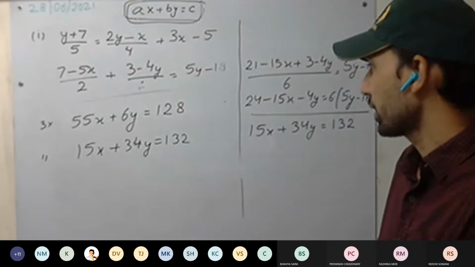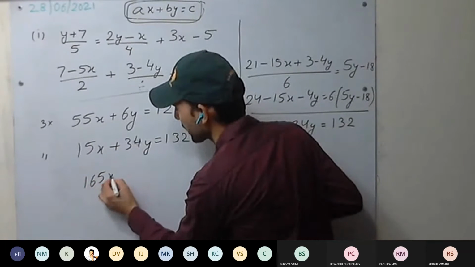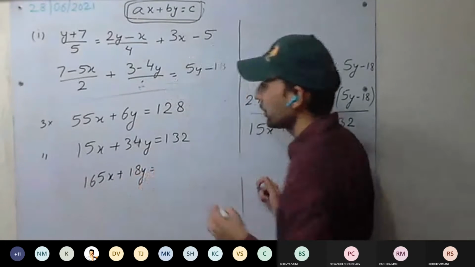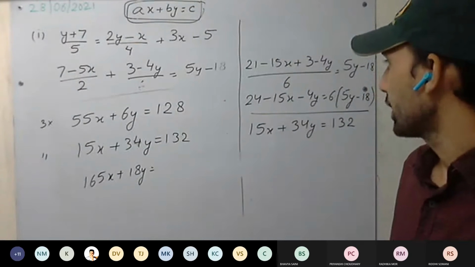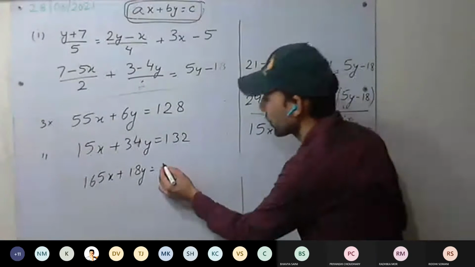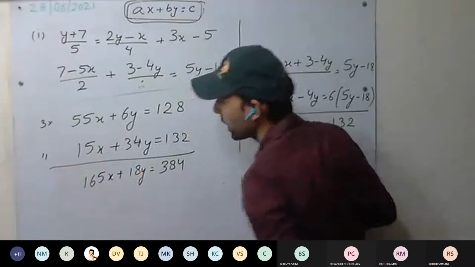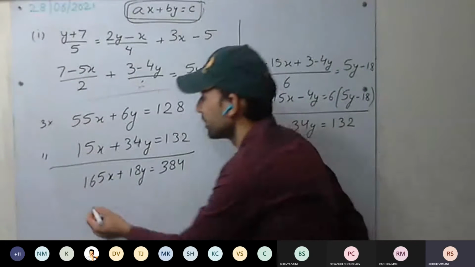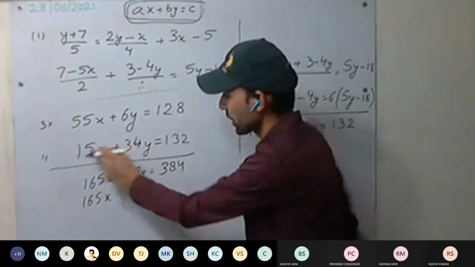So 3 fives are 165x plus 18y. 128 into 3, how much is it? 384. Then 15 into 11 is 165x, so you'll get the same coefficient.